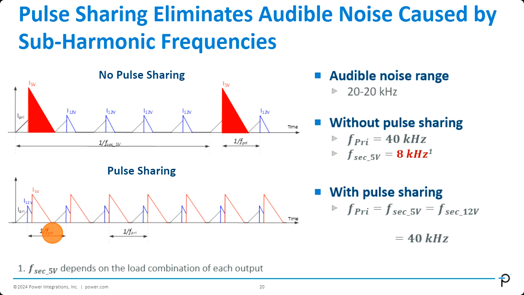And then this continues. For each other switching cycle, it does the same thing. So that, as you can see, all of the switching patterns are actually unified now. The primary switching frequency, the 5-volt switching frequency, and the 12-volt switching frequency are all the same now. It's 40 kilohertz. The sub-harmonic frequency that we can observe from the previous no pulse sharing mode is no longer there anymore.